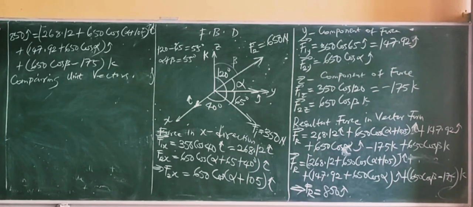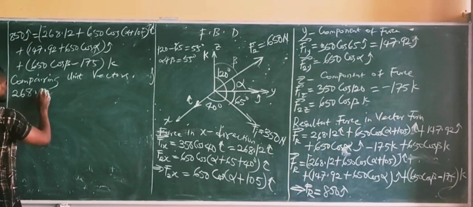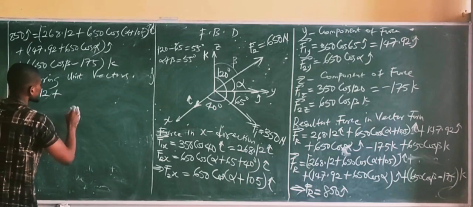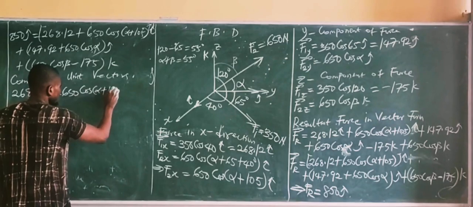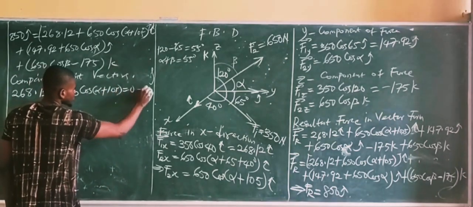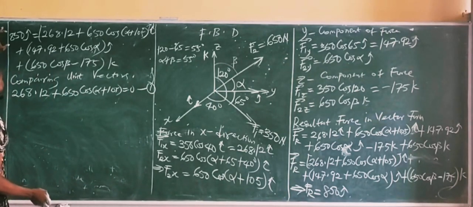So this equation can be written as 268.12 plus 650 cos alpha plus 105 is equal to 0. We call this equation 1.